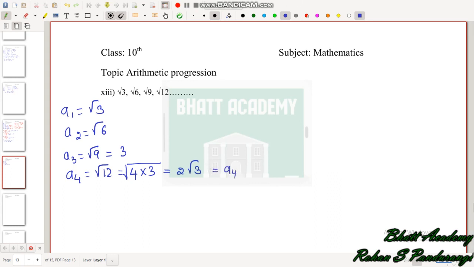Now let us check the conditions. So first condition, a2 minus a1, that is root 6 minus root 3, which is the same thing. We cannot simplify this further. So this much remains. If we check the second condition, a3 minus a2, that is a3 is 3 minus a2 value root 6.